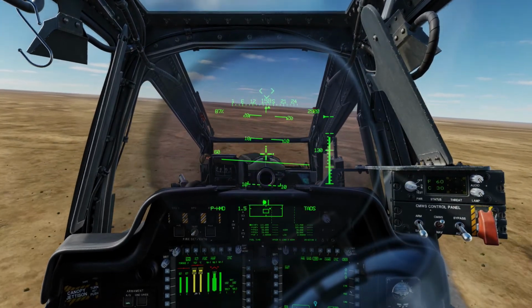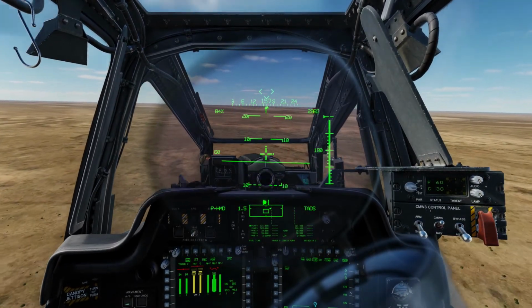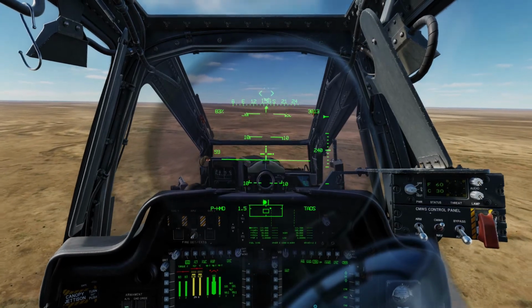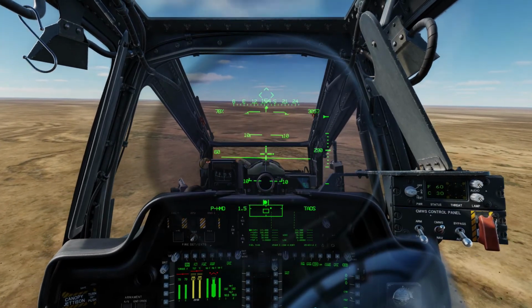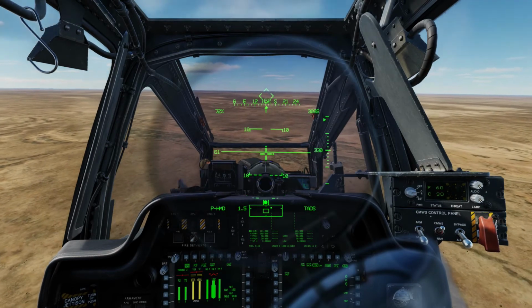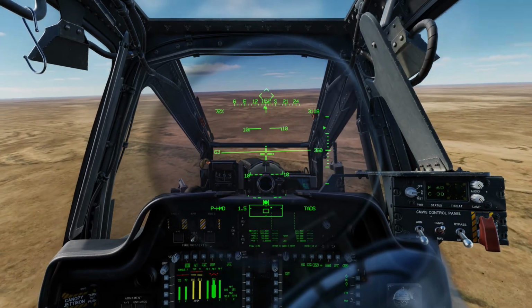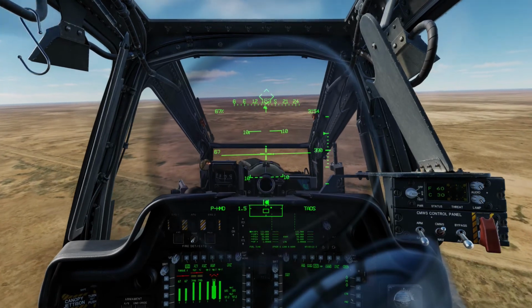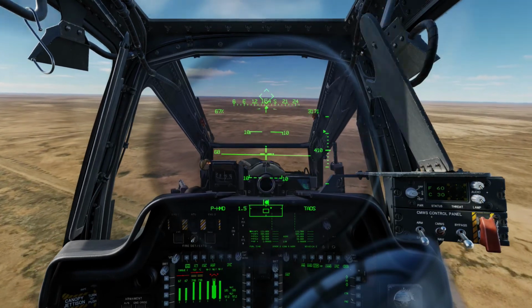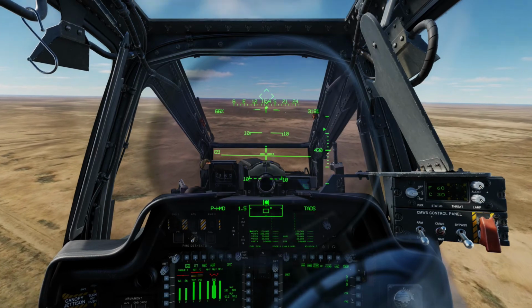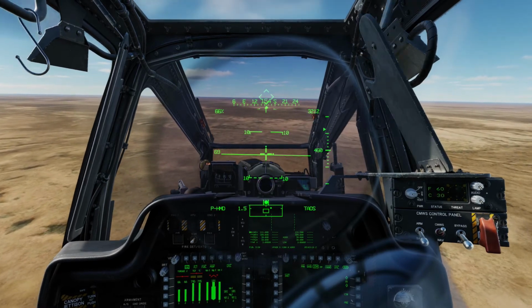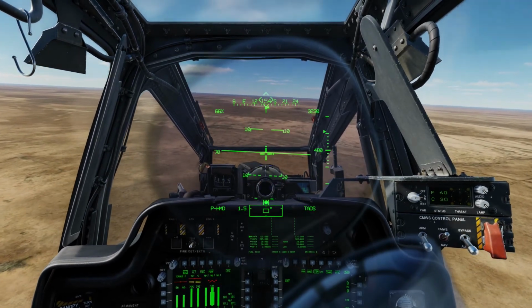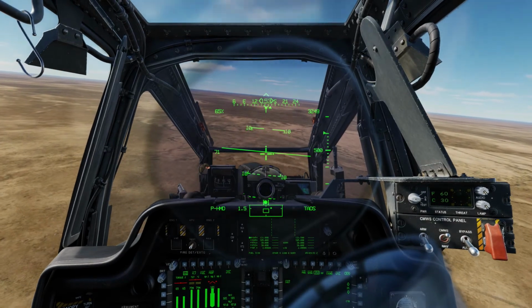Now that we have translational lift, we're going to climb, get the torque down. We're going to reduce the torque so we can keep the engines alive. There we go. Alright, now we're going to move to the mountain at 6,000 feet.